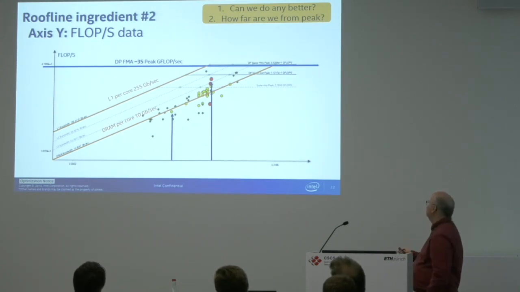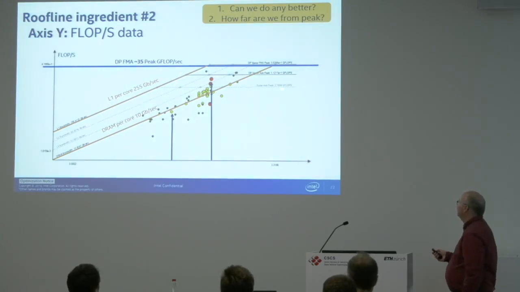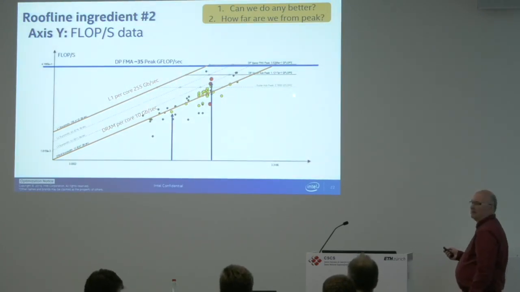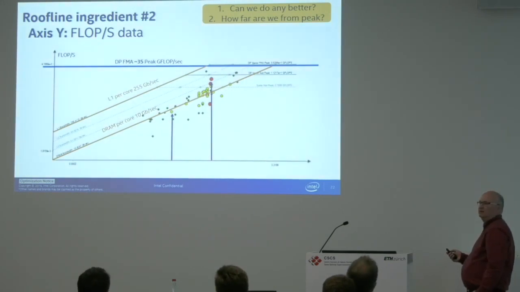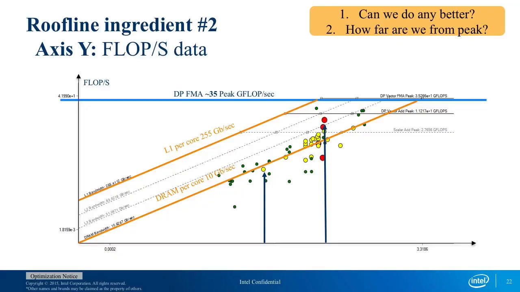And then you see you have different kinds of roofs here, which are different because of different arithmetic. The first roof would be the scalar add, the highest speed that you can reach just by issuing scalar adds. Then the next roof would be the double precision vector add peak, what you can reach with just vectorized add operations.